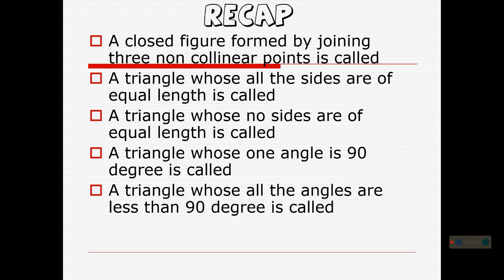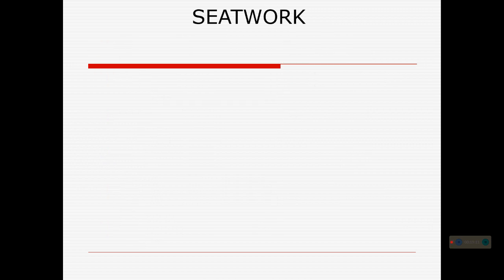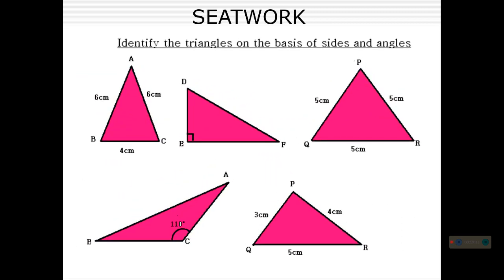A triangle whose all the angles are less than 90 degrees is called acute. A triangle whose 2 sides are equal is called isosceles triangle.